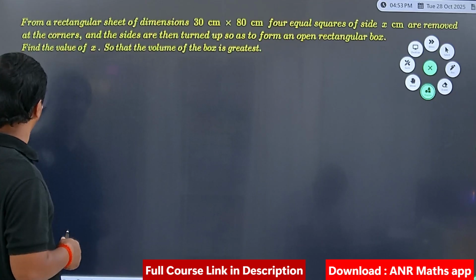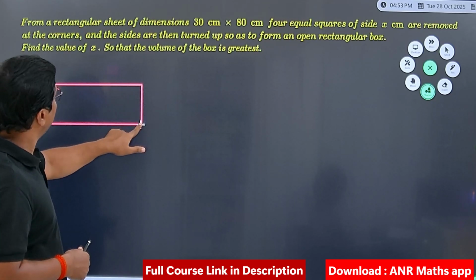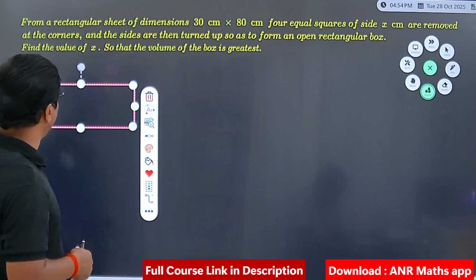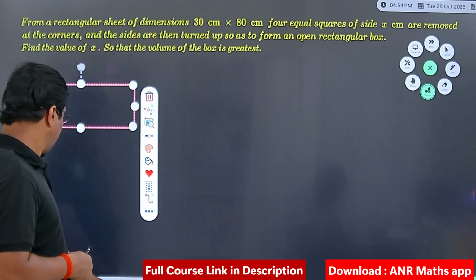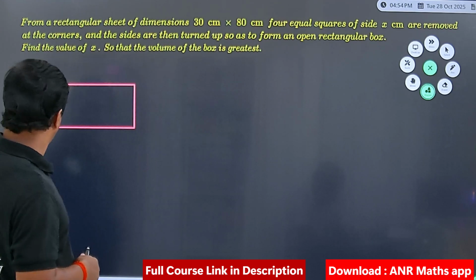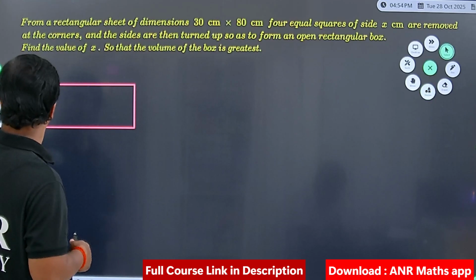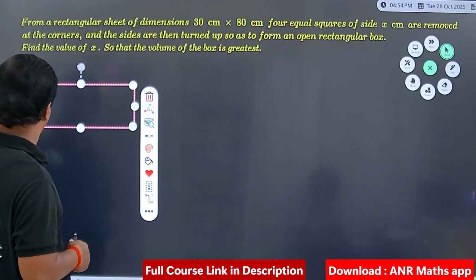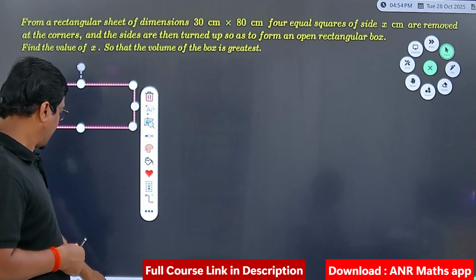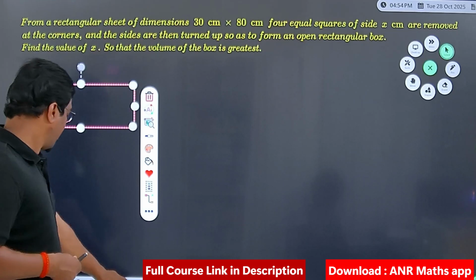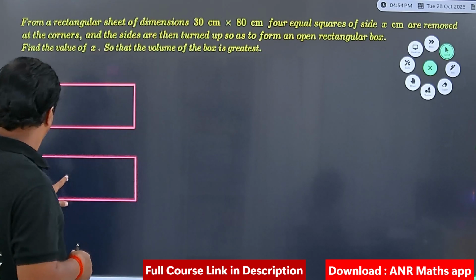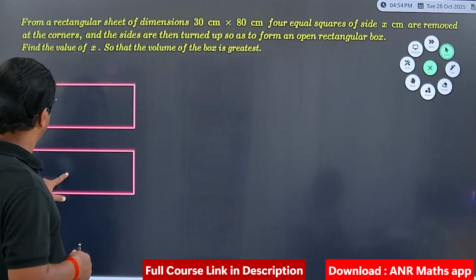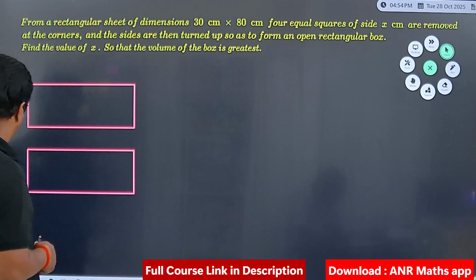Rectangular box I am going to select with dimensions 30 centimeters and 80 centimeters. And at corners, 4 squares are removed.